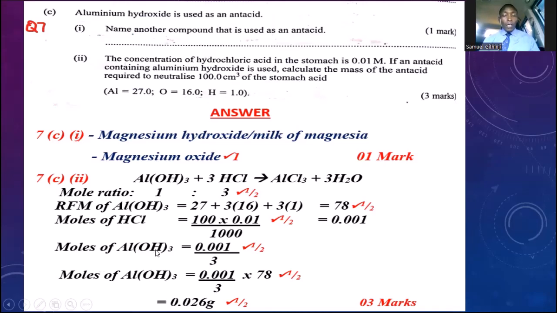Then moles of aluminium hydroxide, we are guided by the mole ratio. It will be a third of the moles of HCl, so I divide by 3, another half mole. Then mass of aluminium hydroxide is the number of moles multiplied by 78, and you get the answer there in grams.